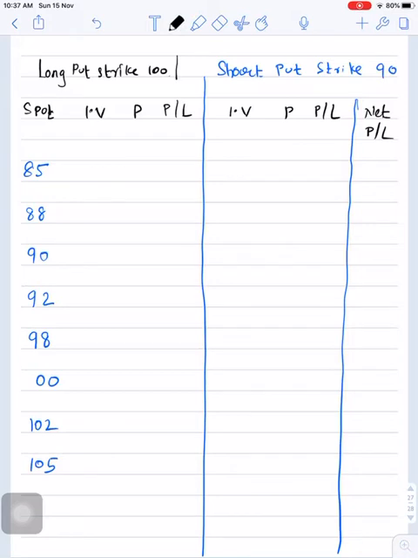So I am expecting the price will close below 100 on the day of expiry, and you can see I have taken different scenarios. So this is the spot price on the day of expiry. Assuming spot price on the day of expiry closed at 85, then what will be our profit and loss? If it closed at 98, what will be the profit and loss, and so on. So I have taken prices below the lower strike price also and above the higher strike price also.